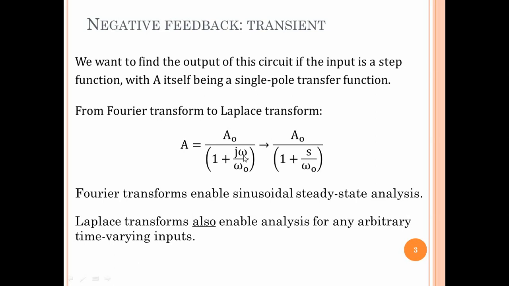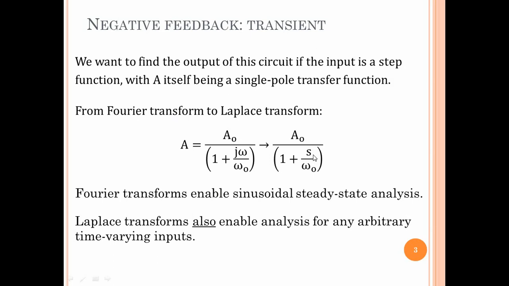Now, without any justification or explanation, I'm going to say let this j omega be replaced by s. Or in other words, this form of the equation is actually a Fourier transform of the original differential equation, and from a Fourier transform, let us jump to a Laplace transform.